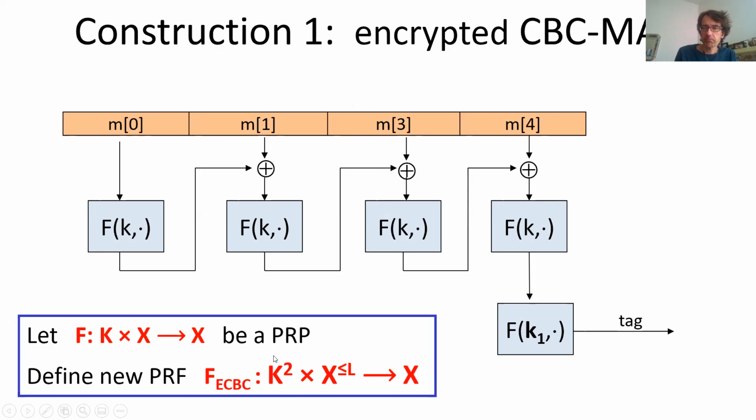With these pair keys, and the domain being sequences of arbitrary length of chunks of X up to L. The range of the PRF is X itself, because this last block cipher, associated with K1, outputs the cipher also in X, right? Because the range of F is X. So that's the range of this whole construction.